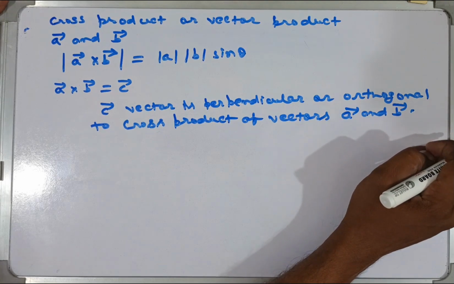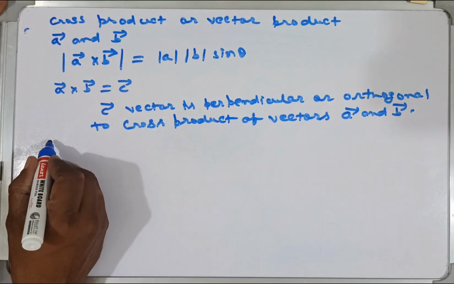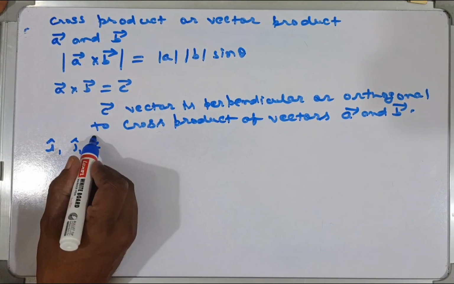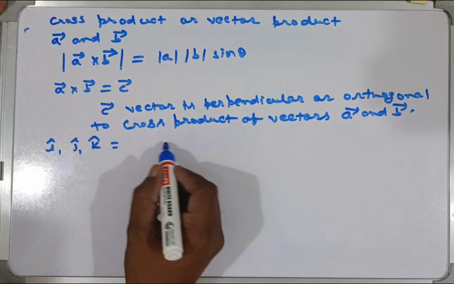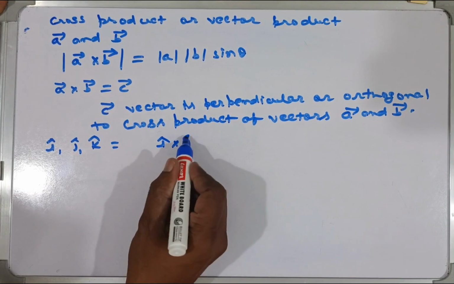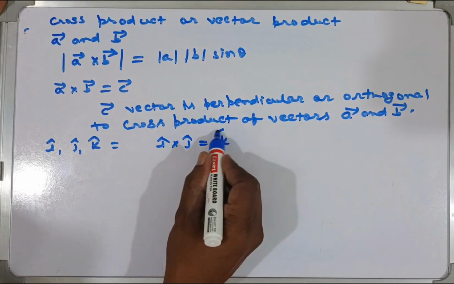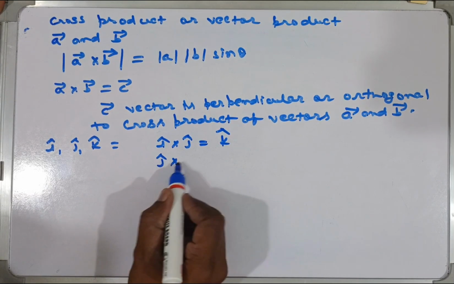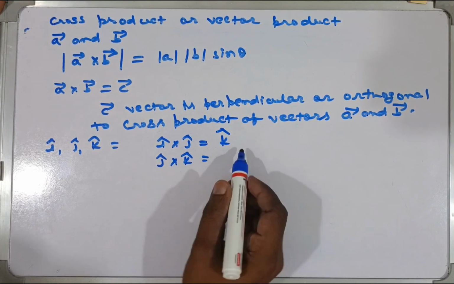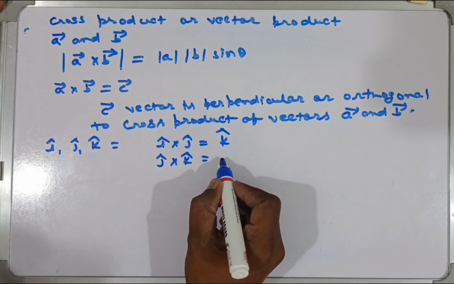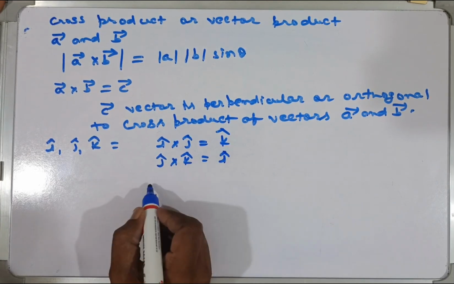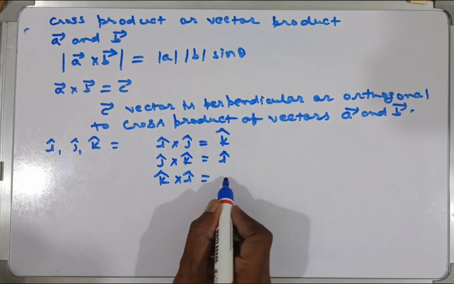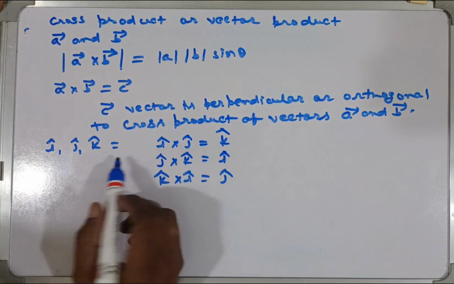If i, j and k are three unit vectors, then i cross j equals k, j cross k equals i, and k cross i equals j.